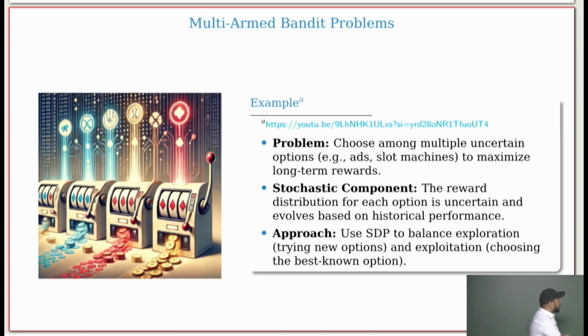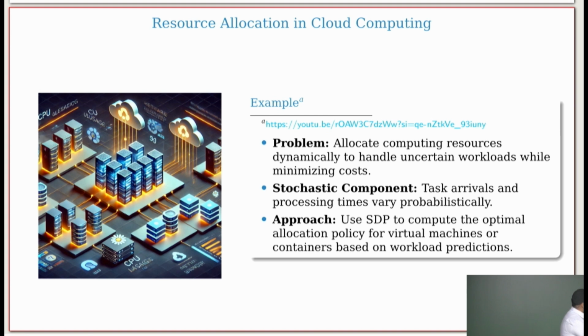And then in general, multi-arm bandit is another interesting area in itself. Here again, obviously the model itself assumes stochasticity. We will see this a bit later. And resource allocation in cloud computing again.